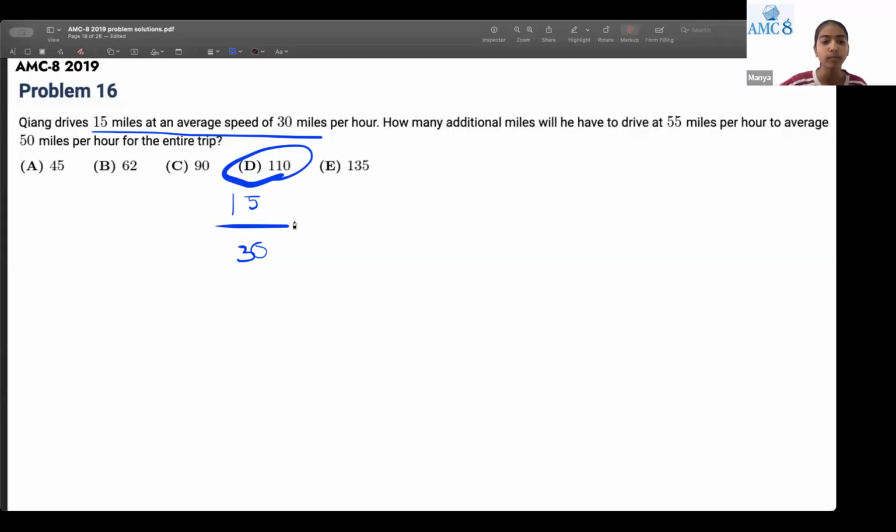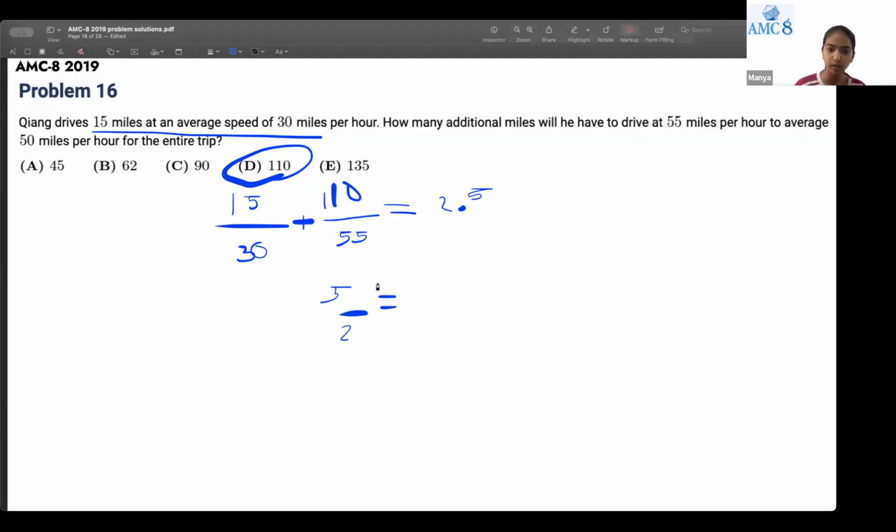We can do 55 times 2, which is equal to 110, over 55. If we solve this, we will get 2.5, which is equal to 5 over 2.